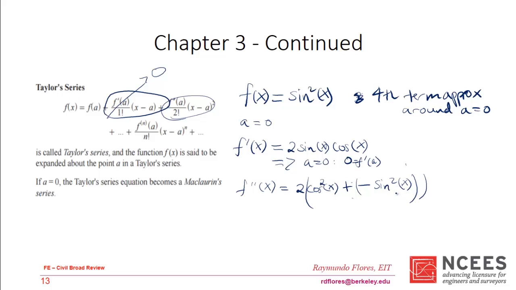So you have the derivative of the cosine, and then the derivative of the sine, separately. In this case, at a equals 0, you get basically just 2.